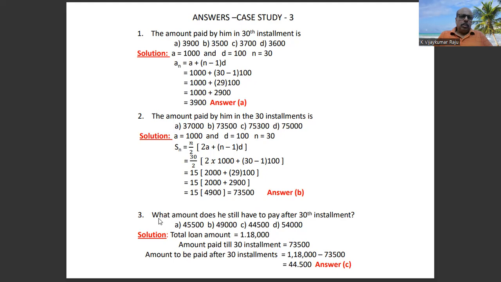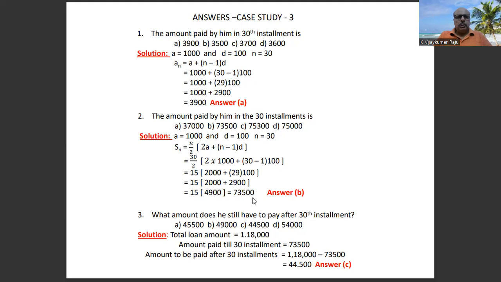Third question. What amount does he have to pay after the 30th installment? Means after having paid for 30 months, how much balance is left? Now, what is the total loan amount? Total loan amount is 1,18,000. How much is the amount he has paid in 30 installments?